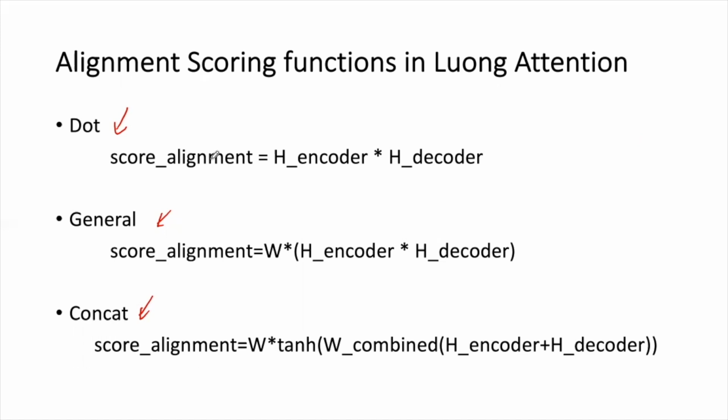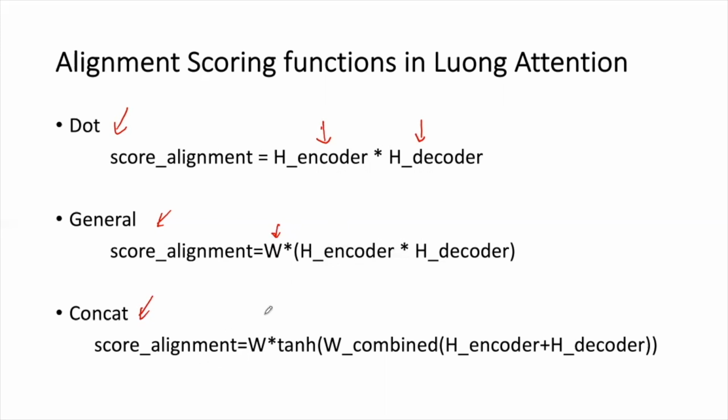That's the reason we have dot product here. As you know, the higher the dot product, the more similar the two vectors, here the encoder and the decoder. That's the reason we use dot product. Similarly, the general form is the same as dot product. It's just that we multiply with this matrix, a linear transformation of it.